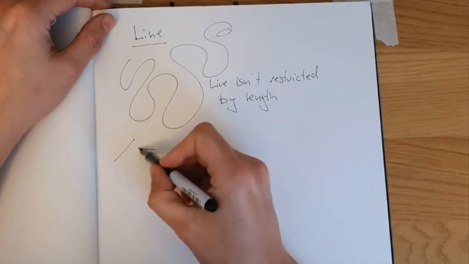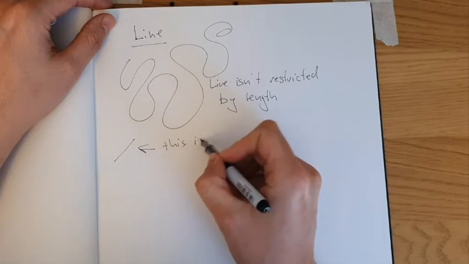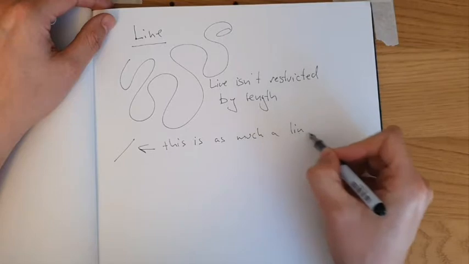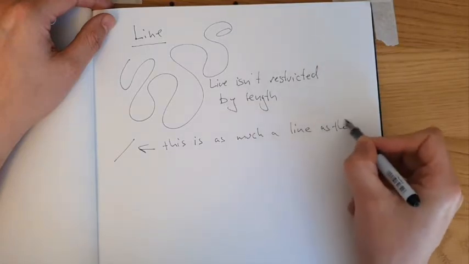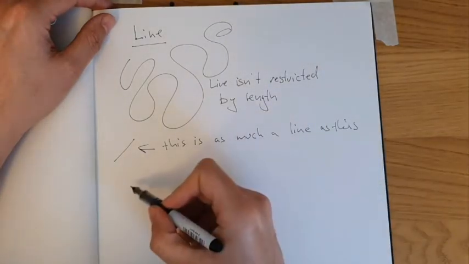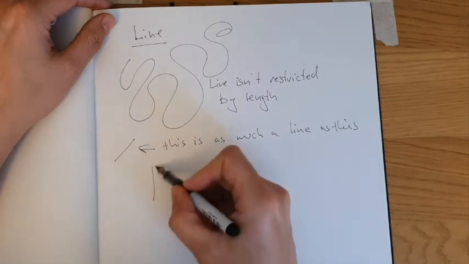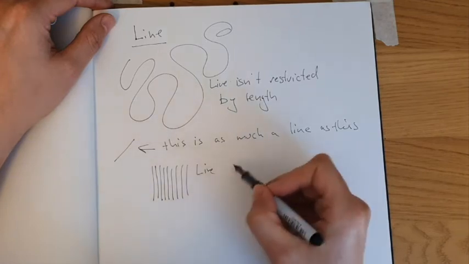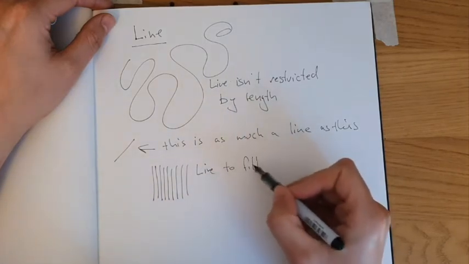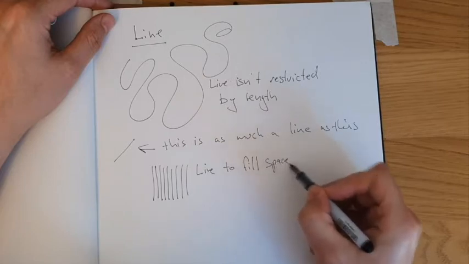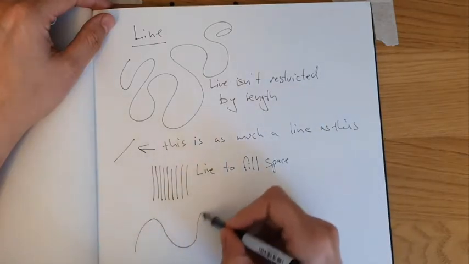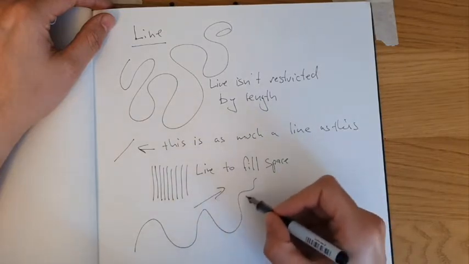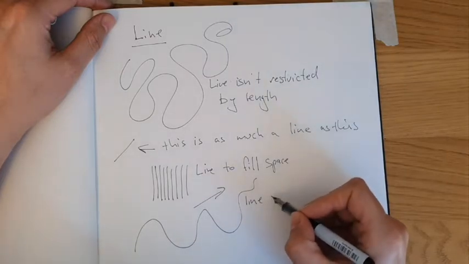So that is as much a line as the wiggly squiggly line. And as in our example with repetition, we're using line to fill a space, it creates a whole. We're using line here to take the eye.